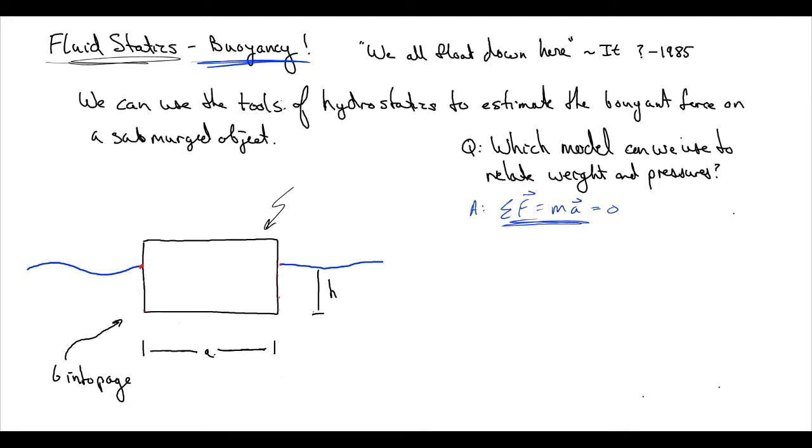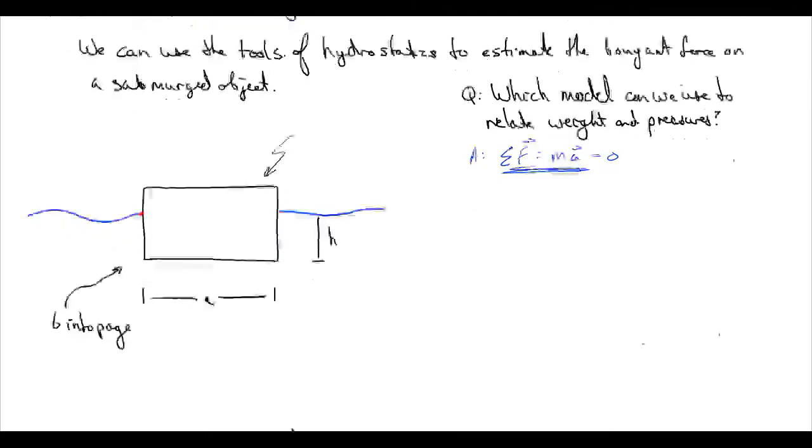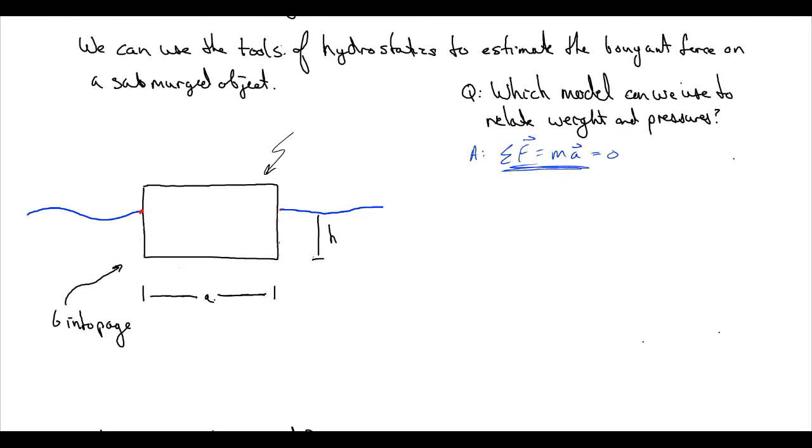And anytime we bring out sum of the forces equal to mass times acceleration, we have to do a free body diagram because we have to figure out what all of our forces are. So let's do it. We have a pressure force acting on all of the surfaces. Let's look at the bottom surface first. So we're going to draw our distributed force on the bottom surface.